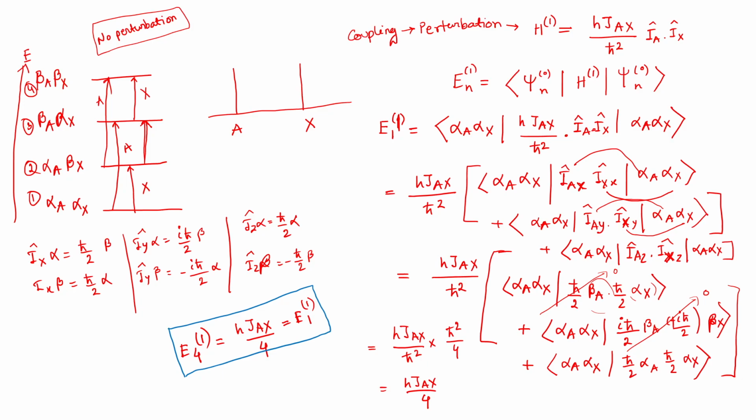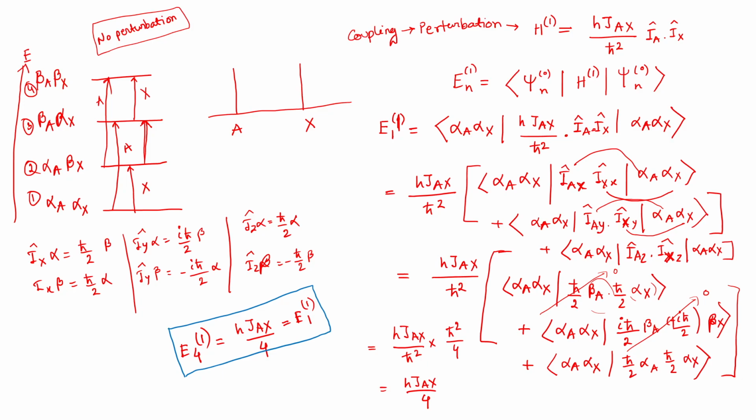Here there are four transitions possible, but two are having equivalent energy. So that's why we will see two kinds of lines, for A and X, having similar intensity, because both have a similar number of transitions.